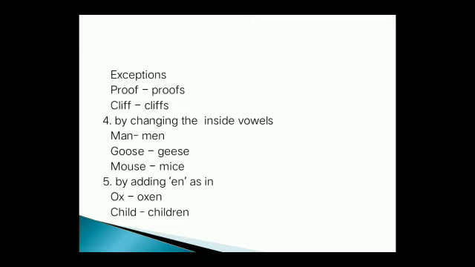In this we are not only changing the vowels, but we are putting aside this S and then adding C to it. Then we have by adding EN, as in ox, oxen, child, children. Okay, it's not oxes or childs. It is oxen and children. In child we are adding REN. In ox we are adding EN.